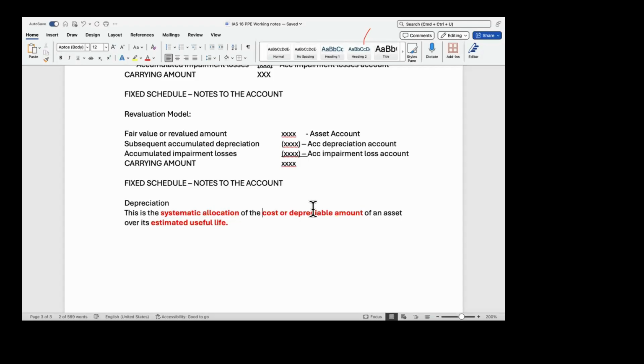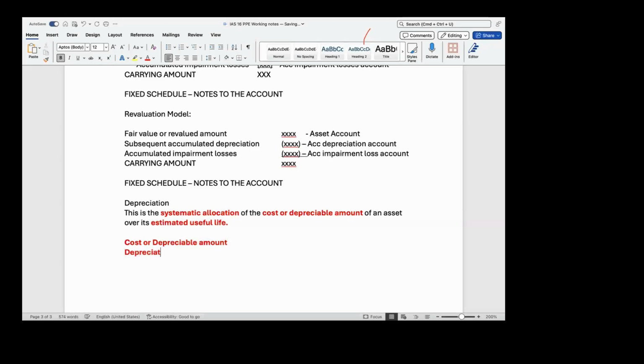We are allocating the cost or the depreciable amount of an asset. You already know the cost of an asset, the amount you bought the asset, the one I explained under initial measurement, or the depreciable amount. So they are not the same. Depreciable amount and cost are not the same.